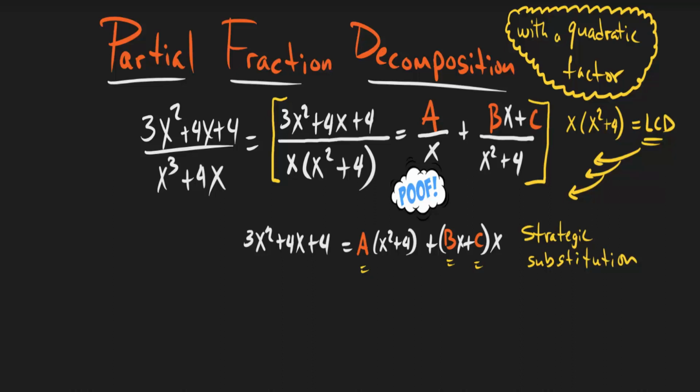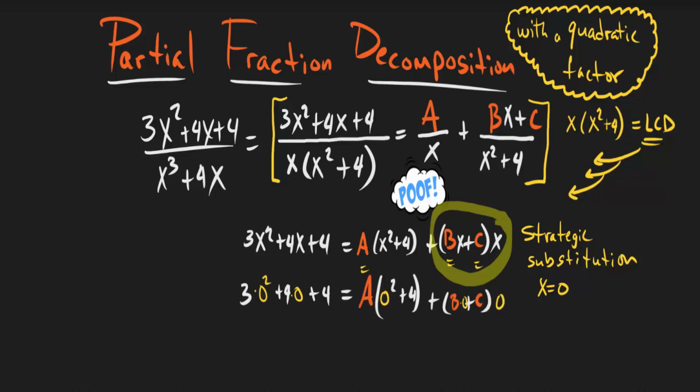Well, let's go ahead and use that strategic substitution that I've been using. Now, what I would do is I would let x be equal to 0. The reason for that is because all of this is going to cancel, because if I plug in a 0, the 0 times the bx plus c is going to just poof, cancel out. And then we'll be able to solve for our a.